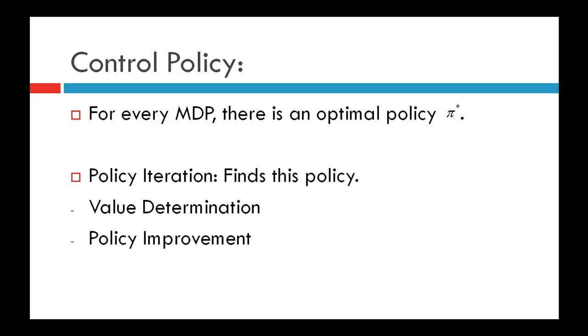Say you have policies pi t and pi t plus 1. The value determination step computes the state action value function for the policy pi t, and the policy improvement step makes the policy pi t plus 1 greedy with respect to the state action value function of the policy pi t. By repeating these two steps, the policy iteration algorithm finds the optimal policy pi star.